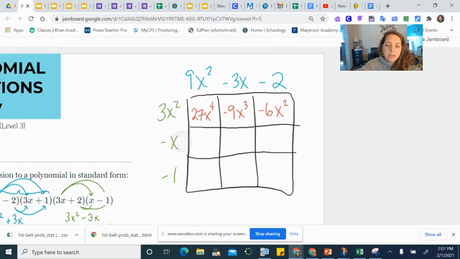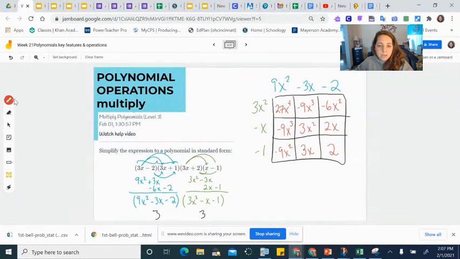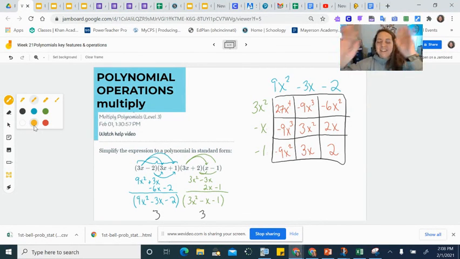Negative blah, blah, blah. 9x squared times -x. -9x cubed. Woo! This little problem. Shoo-wee! This one takes some work. So fun. Okay, sorry. I just got excited.